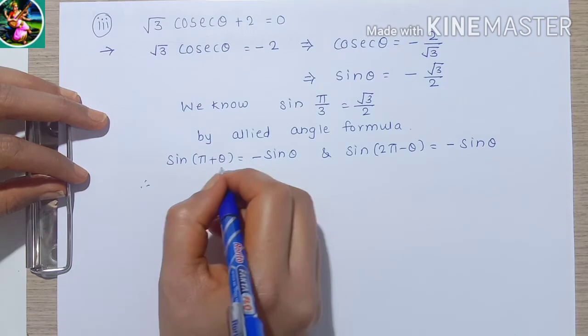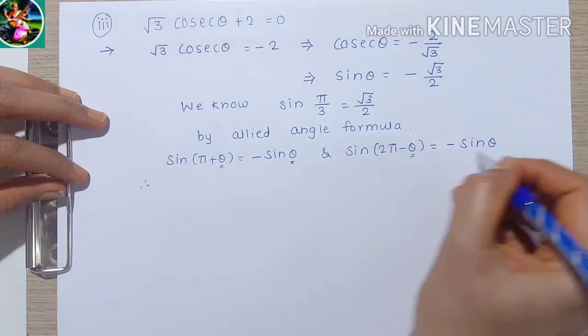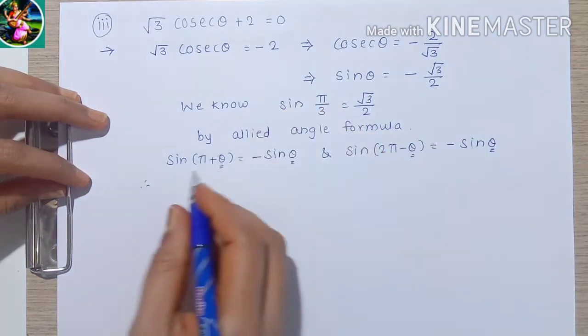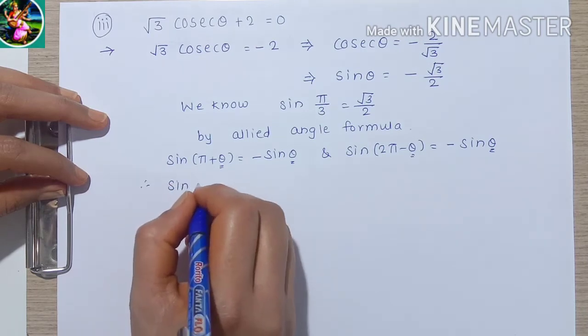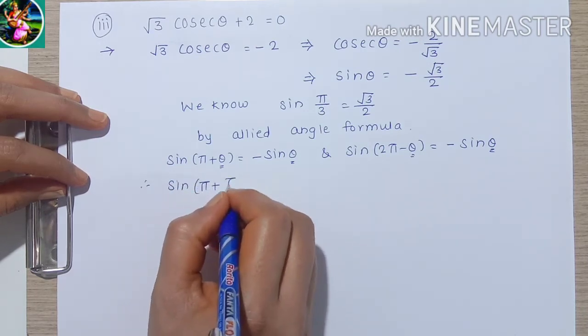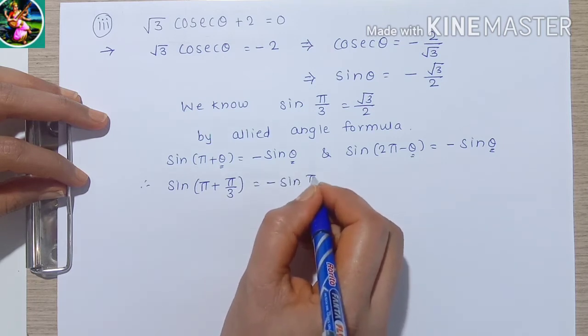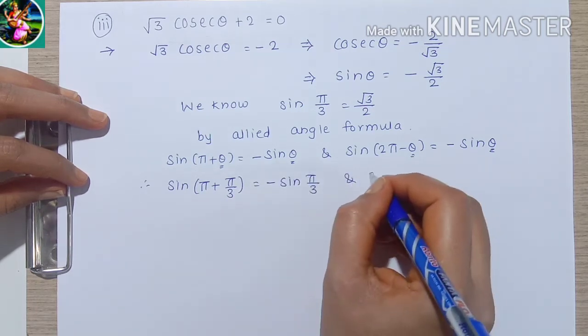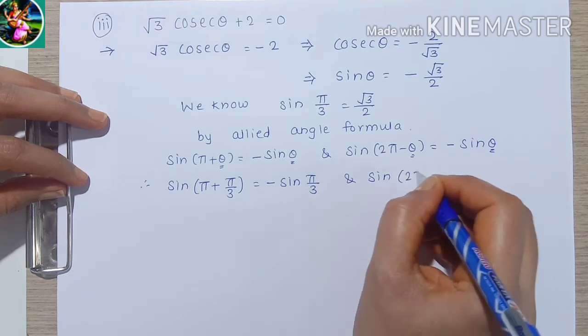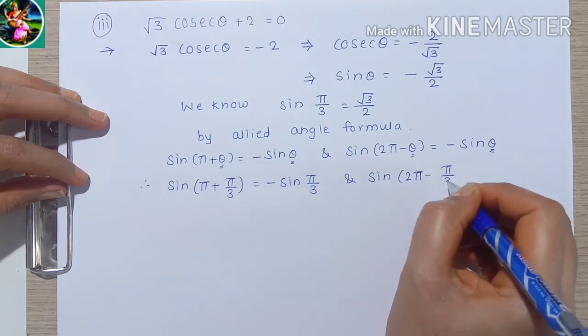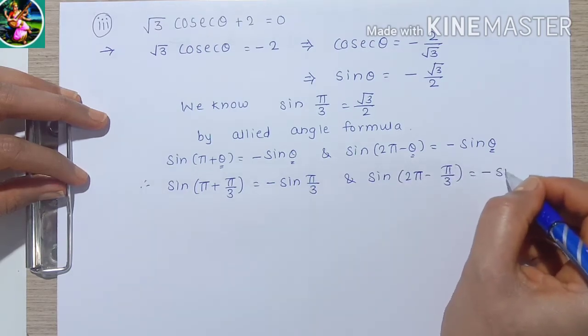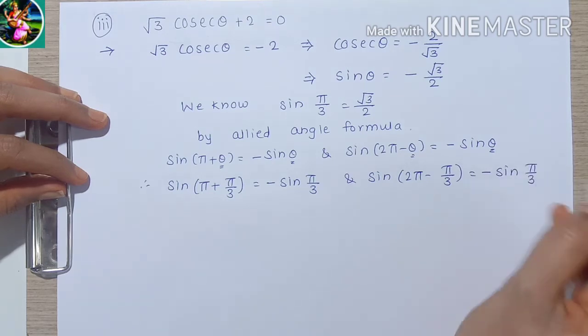Therefore, here we replace theta by pi by 3. Here we get sin of pi plus pi by 3 is equal to minus sin pi by 3, and sin of 2 pi minus pi by 3 is equal to minus sin pi by 3.